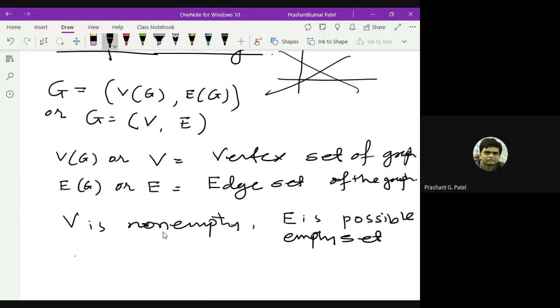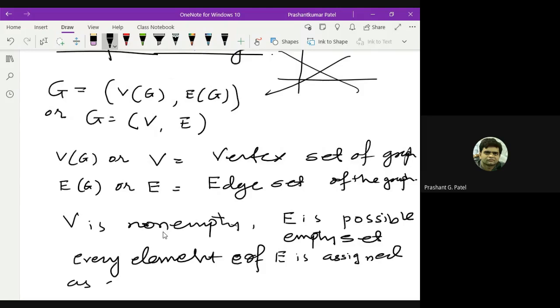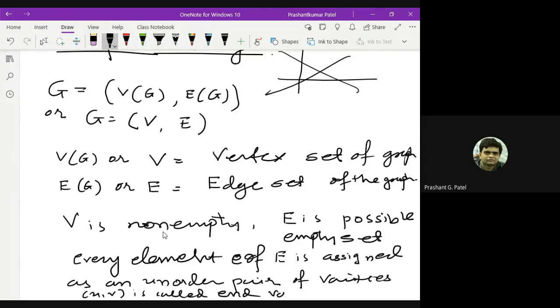So what I am saying is every element of E, the element of this set, we generally denote by a small letter e, is assigned an unordered pair of vertices u, v, and it's called the end vertices of the edge e.